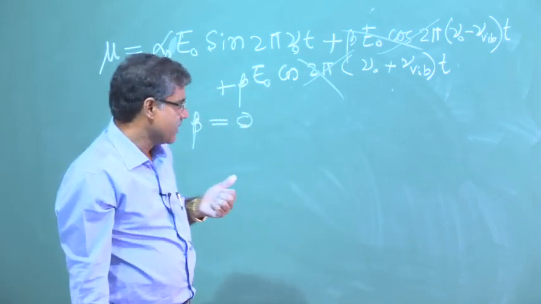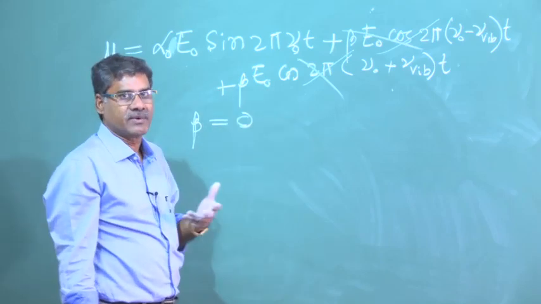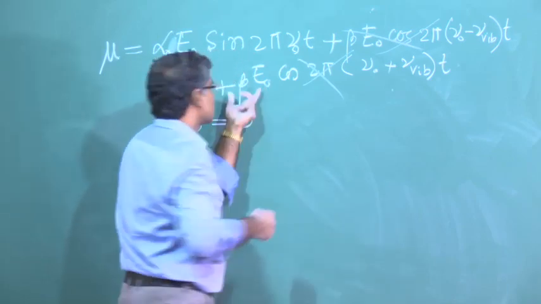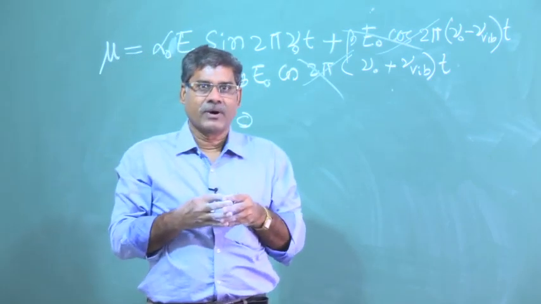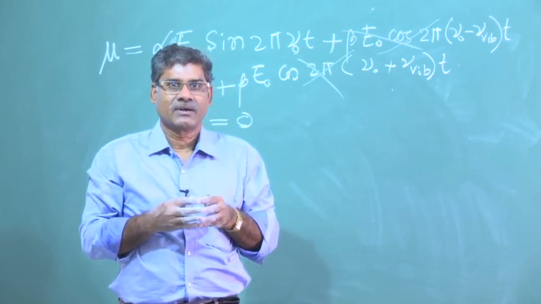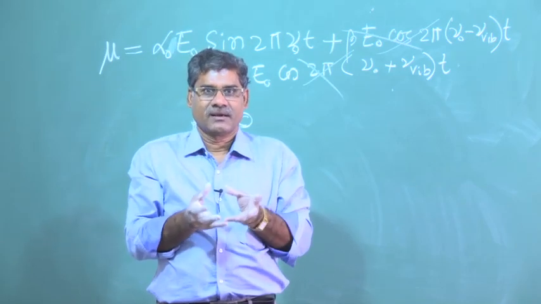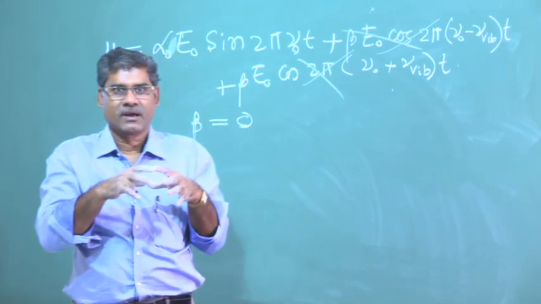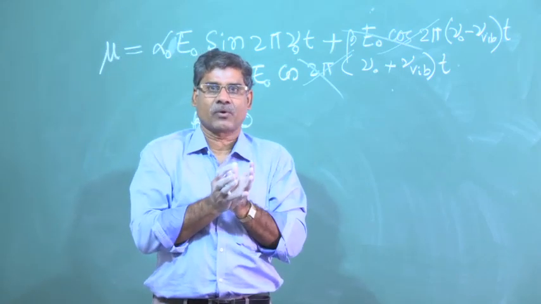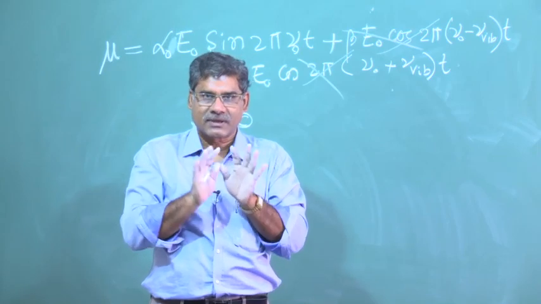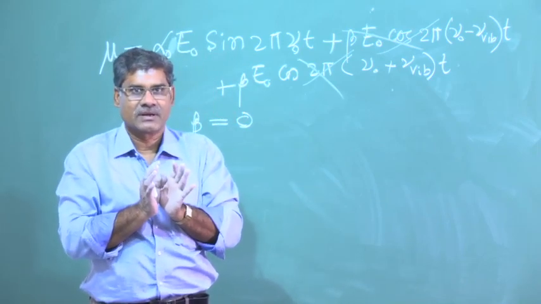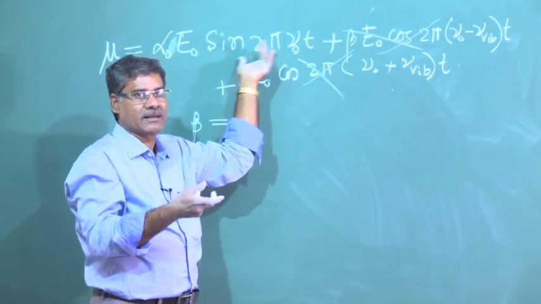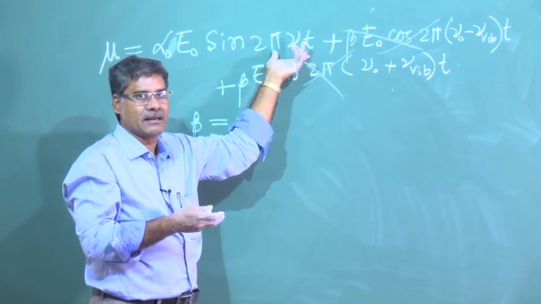Raman active means there should be a change of polarizability of the molecule. Whether it will change or not depends on this: if the polarizability distribution is isotropic, a spherical distribution, then it is Raman inactive, and from such a molecule you will get only the Rayleigh scattering, the elastic scattering.